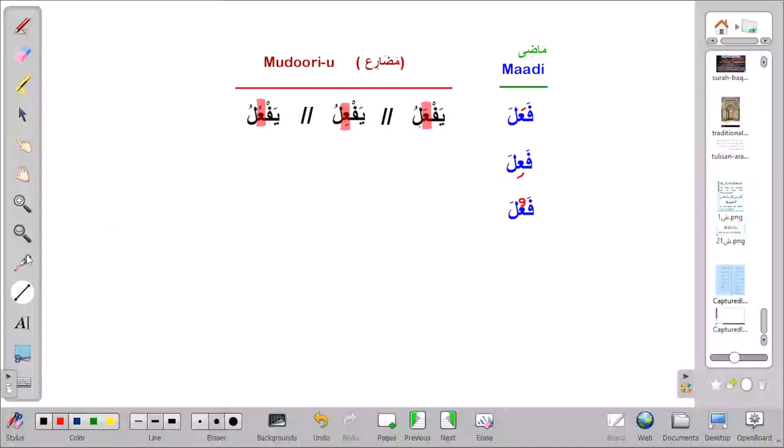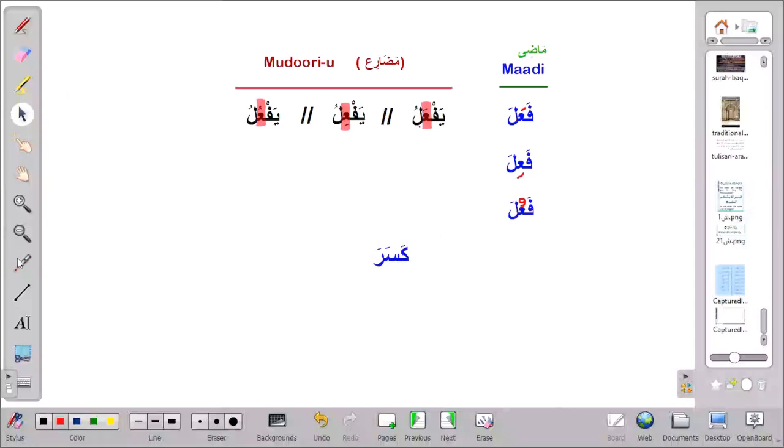So for example, if I give you a verb like this, kasara, you see this verb, kasara.